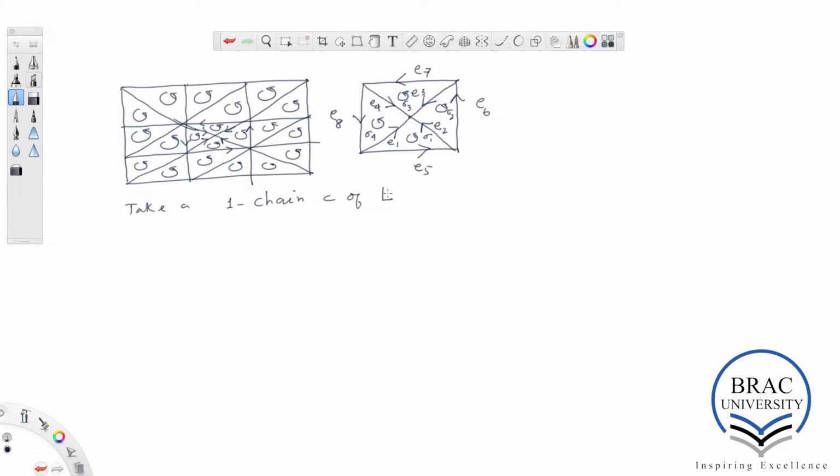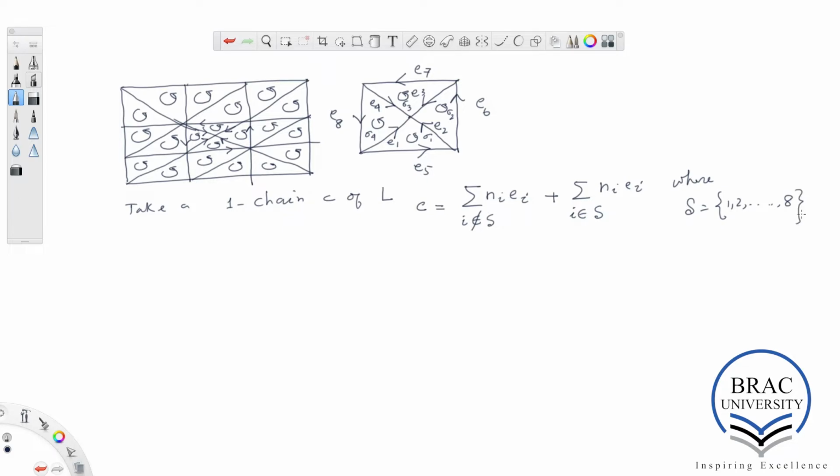Now a given 1 chain C of L, so if we take a 1 chain C of L, it must be given by the following expression, right? C is equal to the sum of all the expressions Ni Ei, where i is not in the set S, I'll explain what the set S is in a while, plus the sum over all the i's belonging to S of such expressions Ni times Ei, where i runs in the set S, where S is this finite set 1, 2, all the way up to 8.